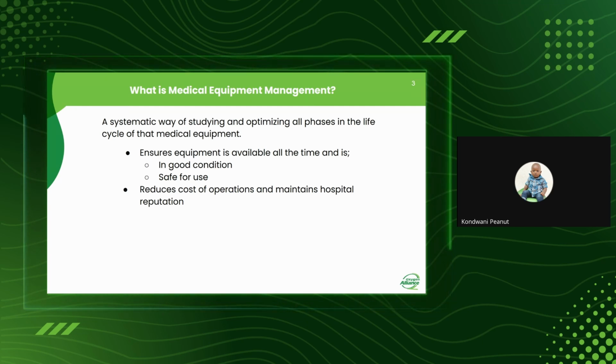One is to ensure equipment is available all the time, is in good condition, and is safe for use, for both patients and the user himself. The second is that it reduces the cost of operation and maintenance and maintains hospital reputation. When you manage an equipment very well, you reduce the cost of maintaining it unnecessarily.